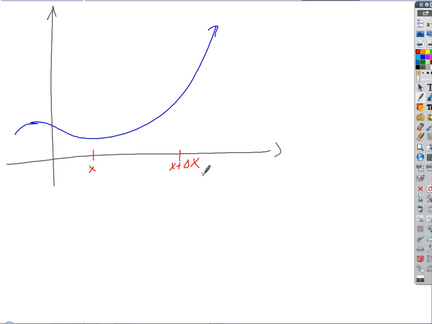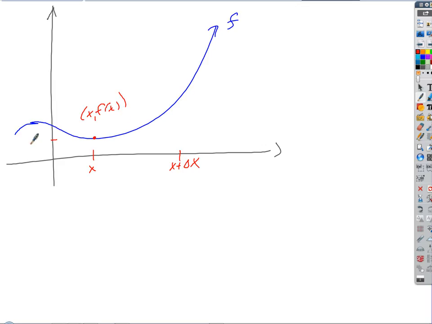And if we want to find the average rate of change, well, that's no big deal, because the coordinates, if this function is f, right, then what are the coordinates at that point right there? x, f of x.